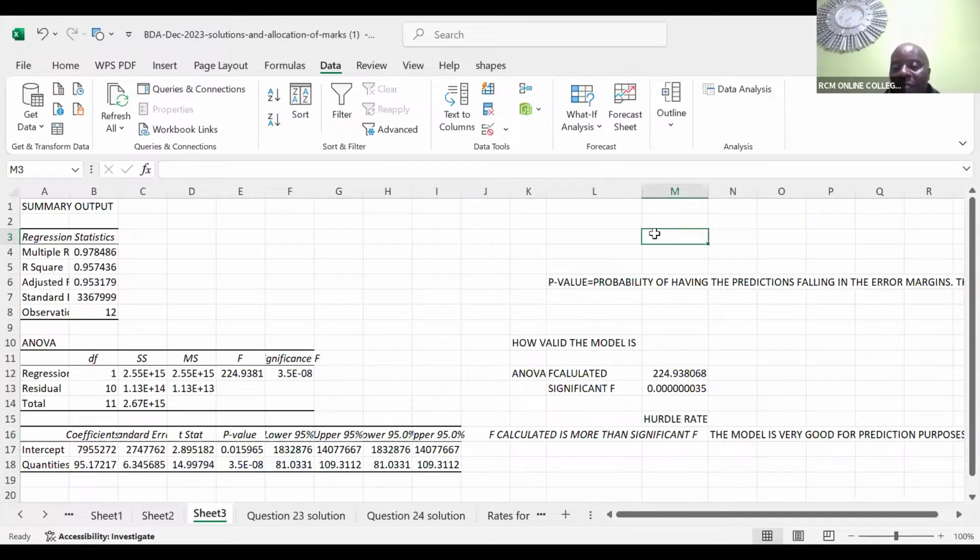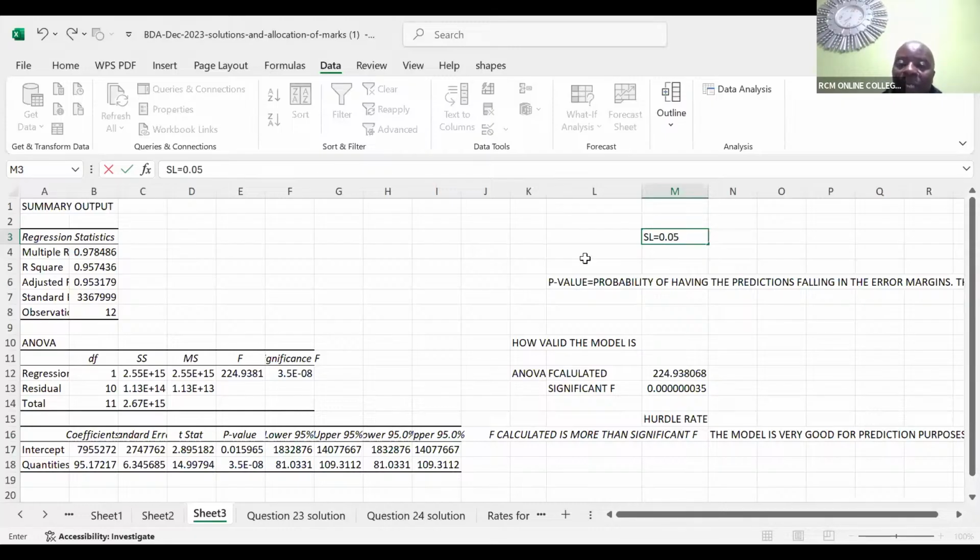What is the level of significance in this question? It is 5%, isn't it? Because I can see the confidence interval is 95%. And I told you confidence interval plus significance level will always be equal to 1, or 100%. So in this case, our level of significance, we normally call it SL, equals 0.05.